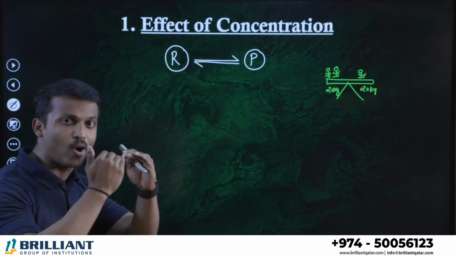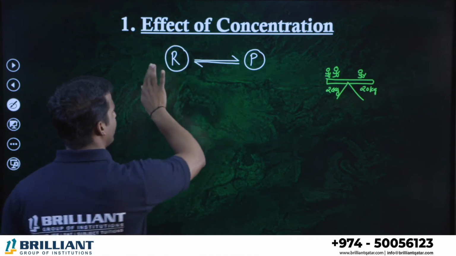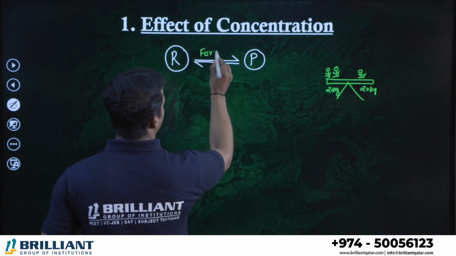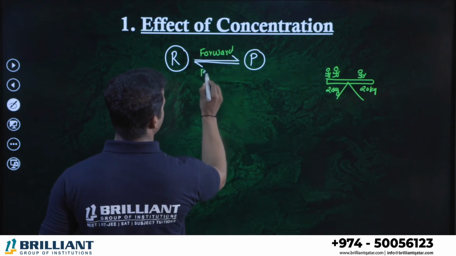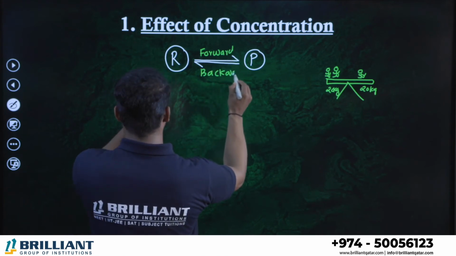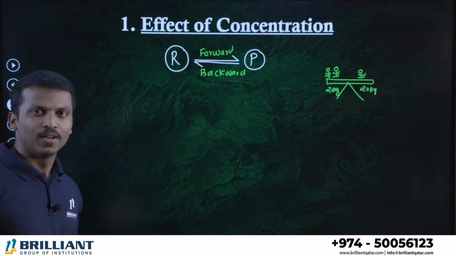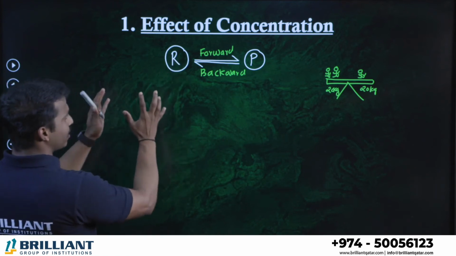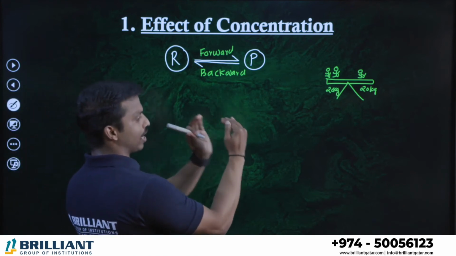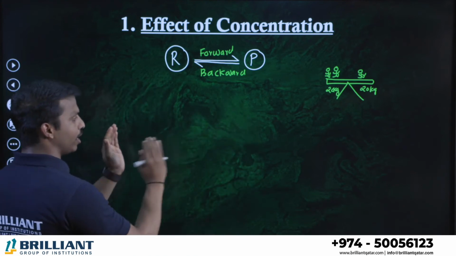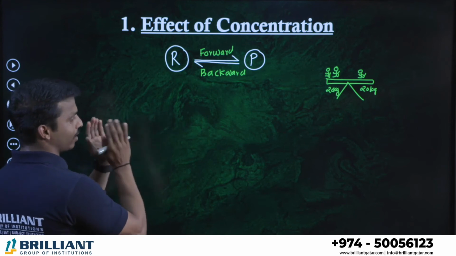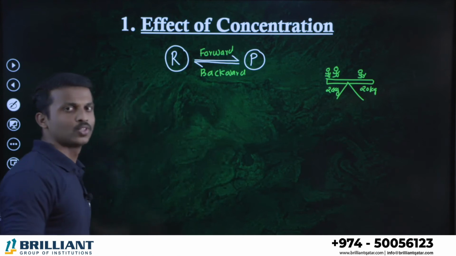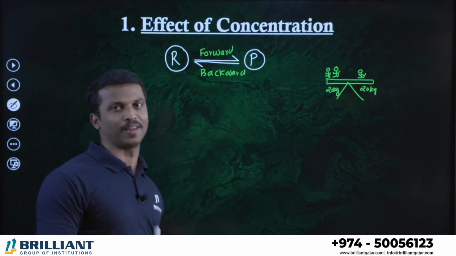So in order to reduce the concentration, the reaction tries to shift forward. You know, reactant to product is called what? Forward reaction. This is called what? Backward reaction, right? So when you add more concentration of the reactants, the reactant side has more concentration, the product side less concentration. In order to attain new equilibrium, from more concentration to less concentration, the reaction can shift. So what happened? They will attain a new equilibrium.